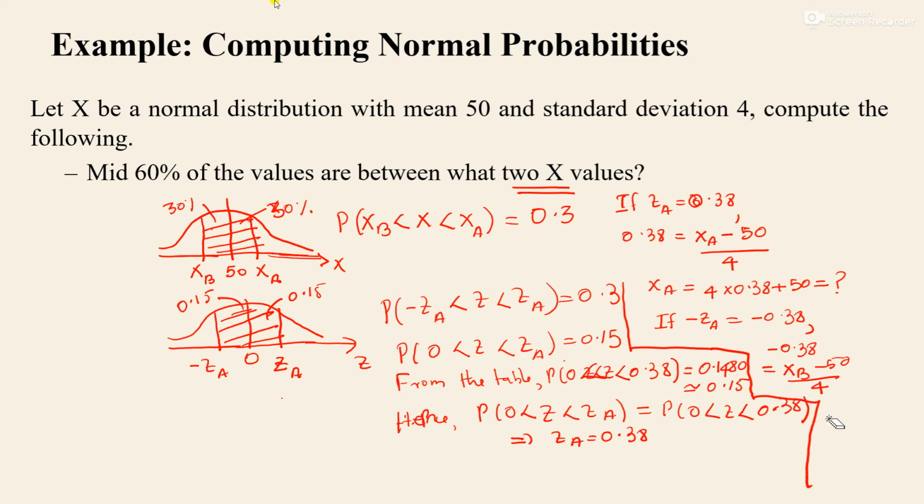From this equation, you can calculate XB. So from this, you can get the two x values, and you can get the 60% of the data.